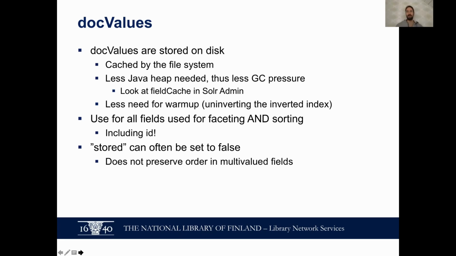The additional benefit of using docValues is that you don't need the warm-up for creating the uninverted index. So commits are much faster, and if you need to update the index regularly, you can actually do it, because you don't have to spend so much time waiting for the new index version to be up and running, and you don't need to worry about overlapping searchers trying to load the index.